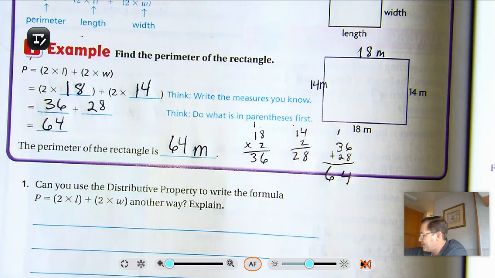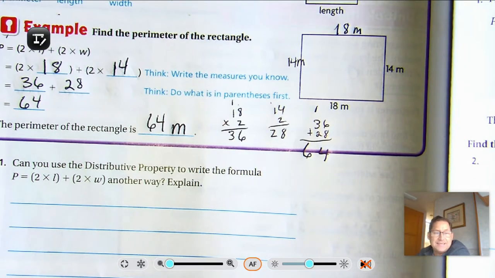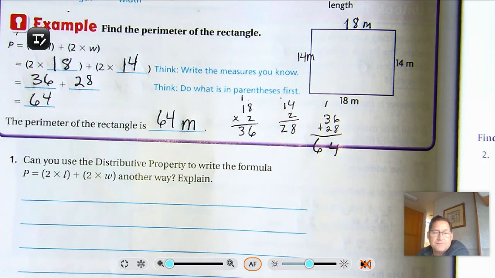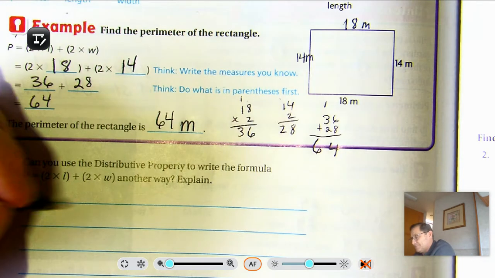Okay, our next question is, can you use the distributive property to write the formula P equals 2 times the length plus 2 times the width in another way and explain? Yes, you can.